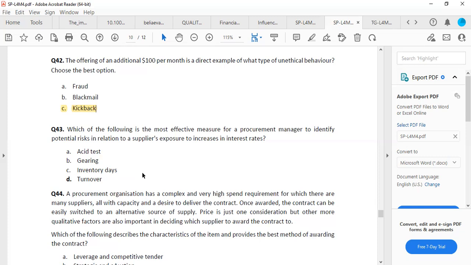Which of the following is the most effective measure for a procurement manager to identify potential risks in relation to a supplier's exposure to increases in interest rates?